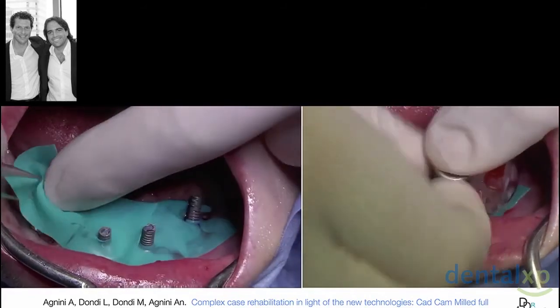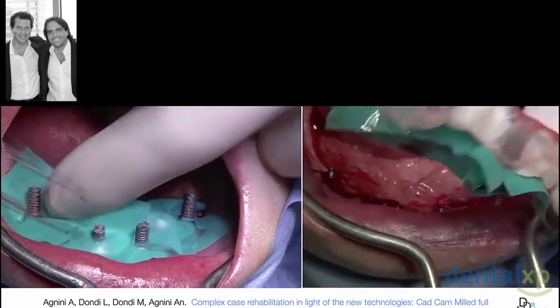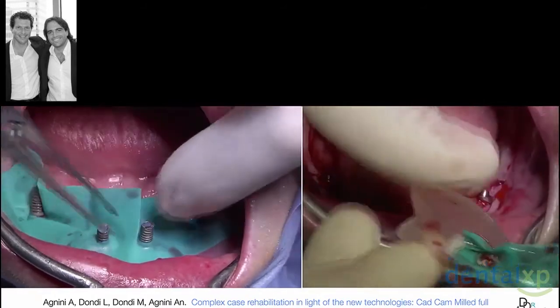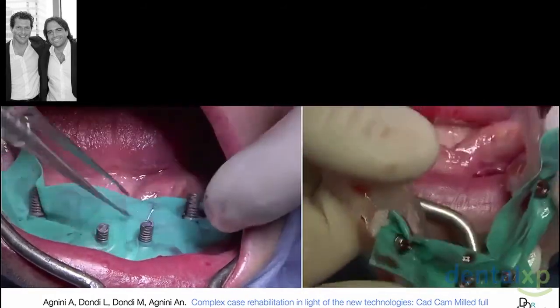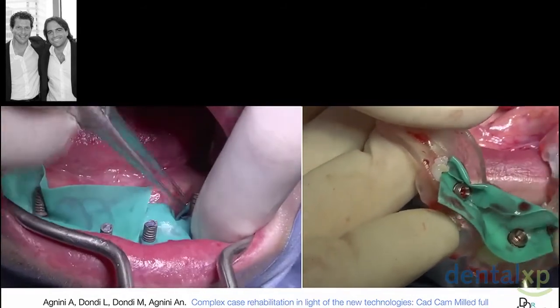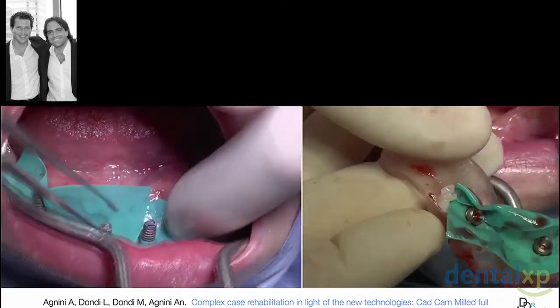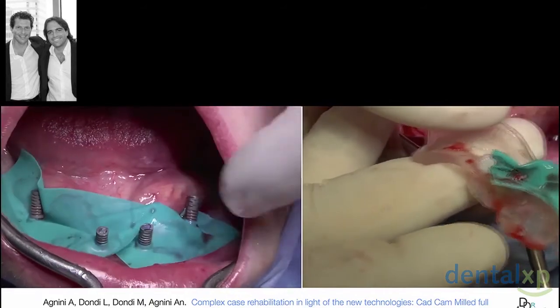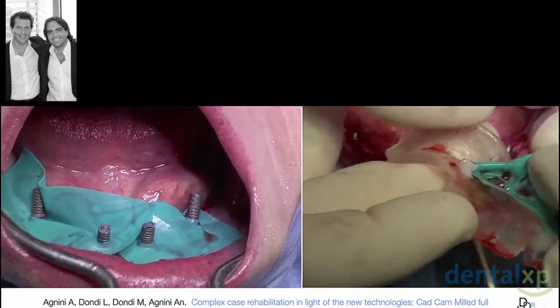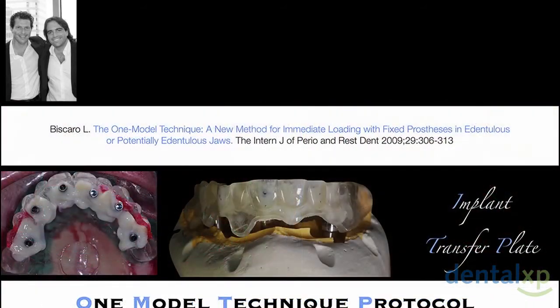And with the composite that we are using, in this case ProTemp, we can remove all the complex and send it to the lab, where our dental technician will start to create the provisional restoration on implants.